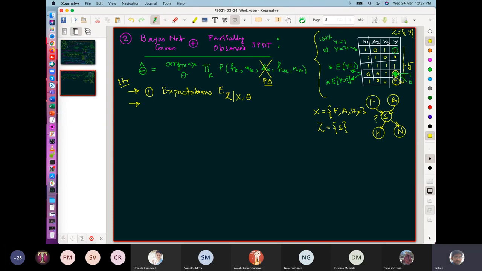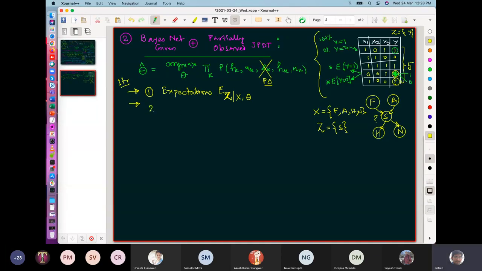Suppose that is given to us, then we can compute these expectations. Yes or no? Yes, sir. With respect to some prior probability value, if it is given to us, then we could compute this expected value, whether y is 1 or y is 0, for everything. So for the unobserved variables, we can calculate this expectation.